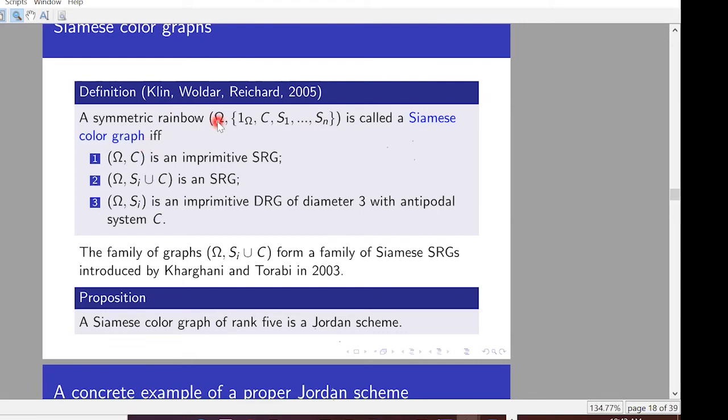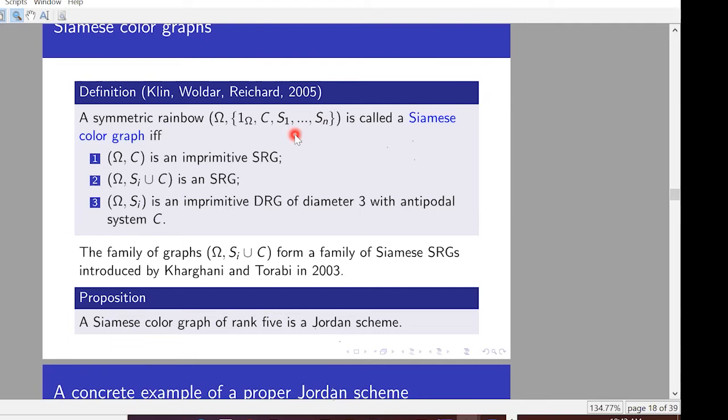So how it was, they started from a Siamese color graph which comes from a generalized quadrangle on 15 points. If you take this color graph, it gives you a Jordan scheme, but this Jordan scheme is non-proper. It comes as a symmetrization of a non-commutative association scheme.